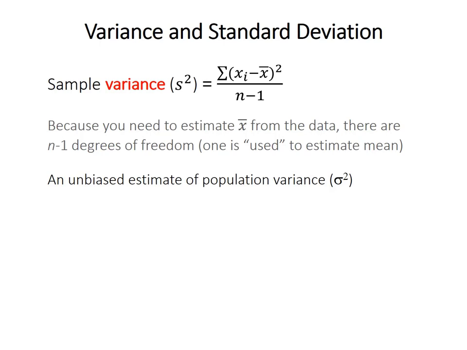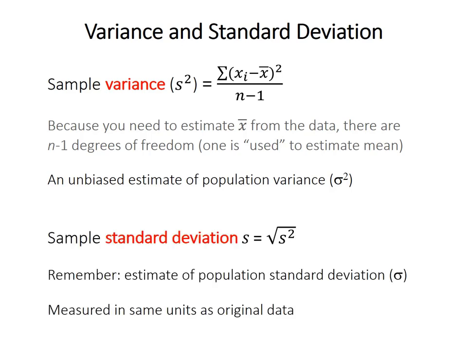Because the sum of squares and variance, therefore, is measured in the original data units squared, it's kind of awkward. For that reason, if we want to describe dispersion in writing, if we want to say the variability of this data set is something, it's more common to report something called the standard deviation, which is just the square root of the variance. And so because we take the square root, standard deviation is the same units as the original data.